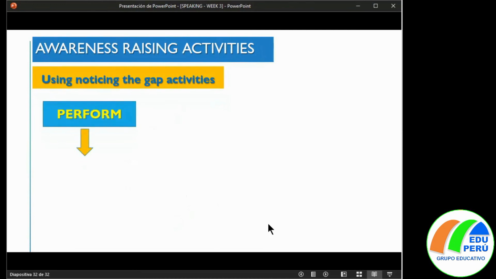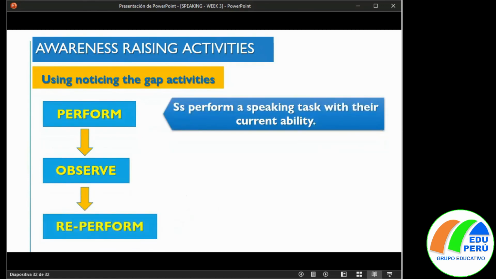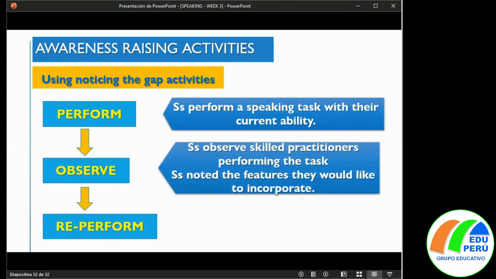Perform, observe, and reperform. So perform. Students perform a speaking task with their current ability. So something that they know, so they perform a conversation with the knowledge and the skills they have. Observe.